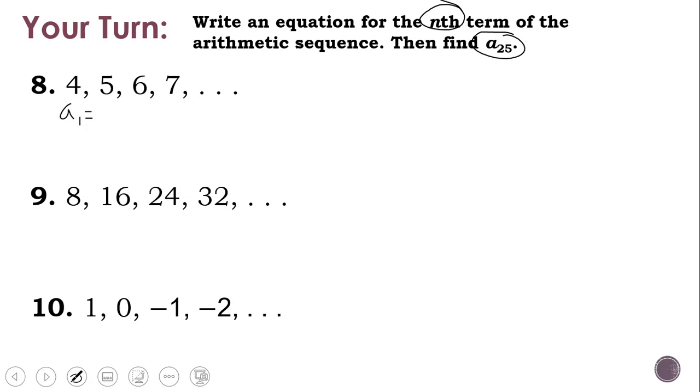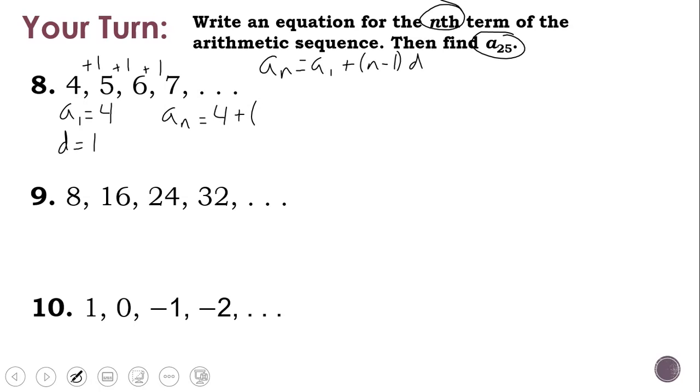So what do I need? I need to know my first term, a sub 1, which is 4. Easy common difference here. We're just adding 1 each time. So my common difference d is equal to 1. So remember, a sub n is equal to a sub 1 plus n minus 1, and then the d. So our general form, a sub n is equal to 4 plus n minus 1 times 1.